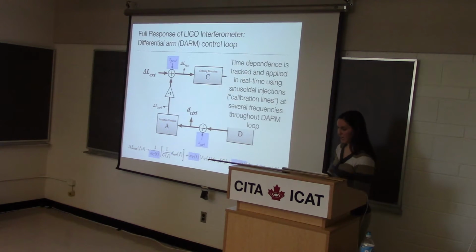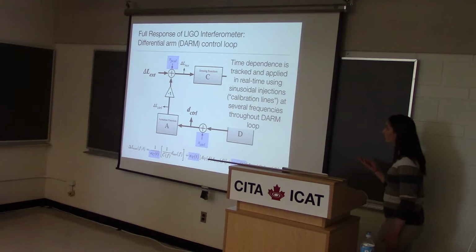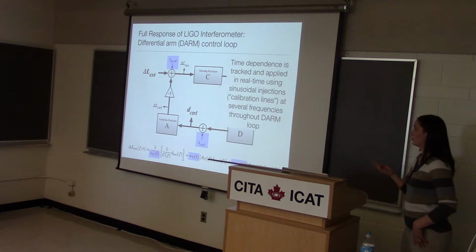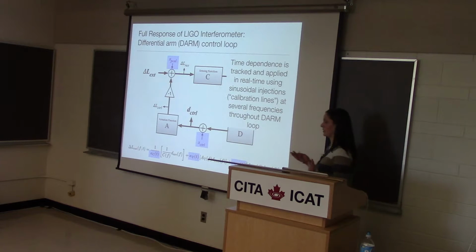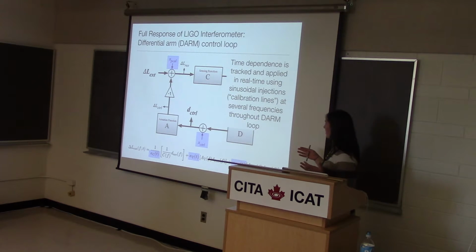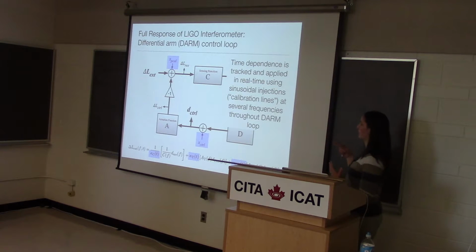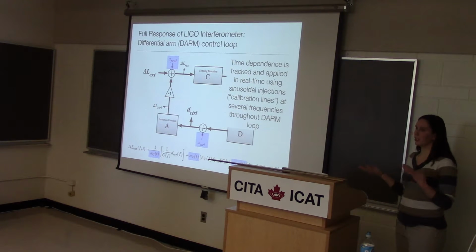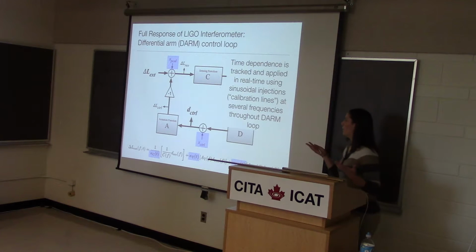And then in real time, we use what we call calibration line injections, or basically sinusoidal injections at several frequencies across the LIGO frequency band and also at different places throughout the DARM loop. And we can use ratios of these known excitations to determine what each of these gains have to be.